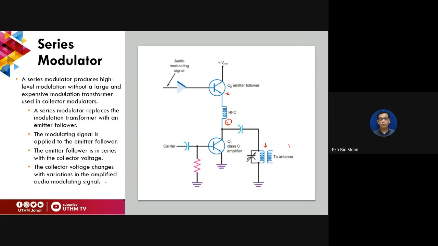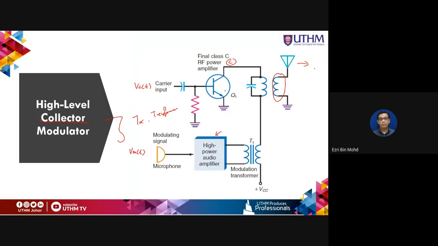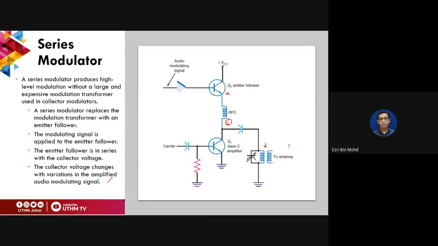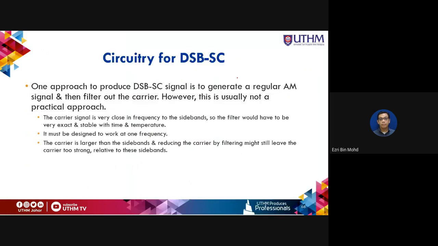The collector voltage changes with variation in the amplified audio modulating signal. So here it is the same as the high level collector modulator, only this one uses the concept of a transistor, and it can still produce a high level of amplitude modulation.